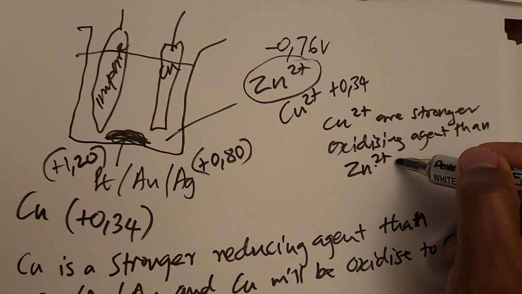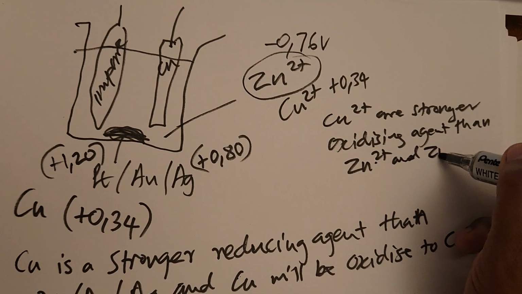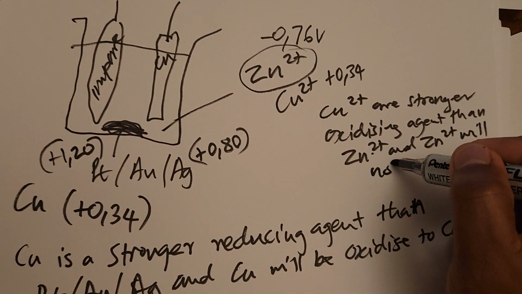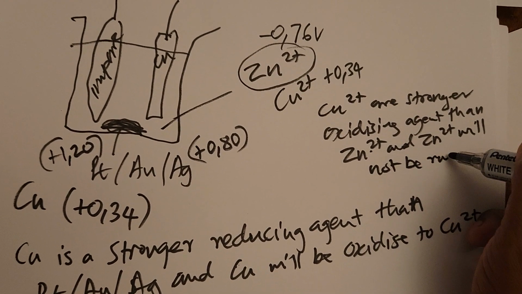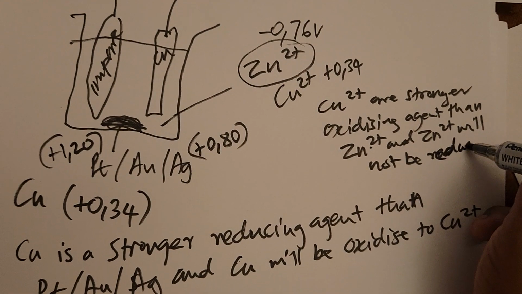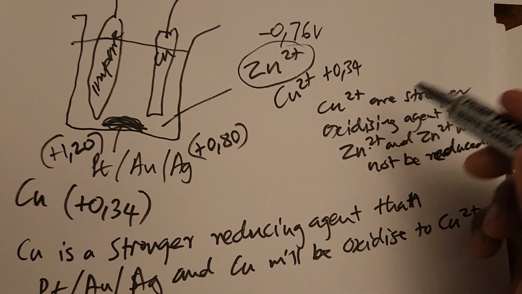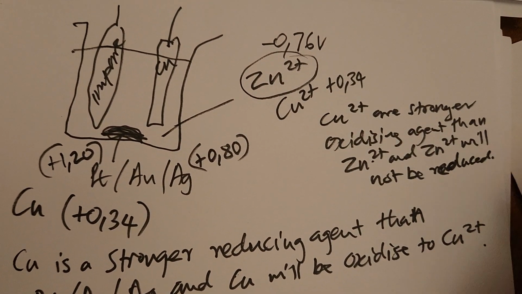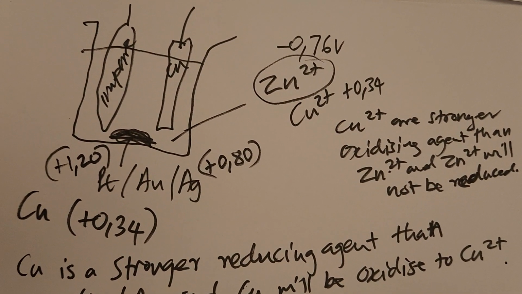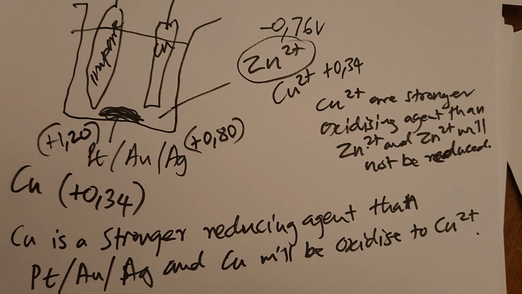That's why zinc ions will not be reduced. So only copper ions at the cathode will be reduced and not zinc ions. Very important for examination, and you need to know that.